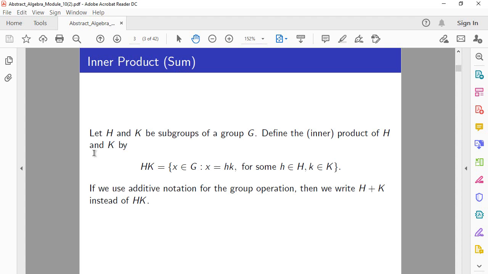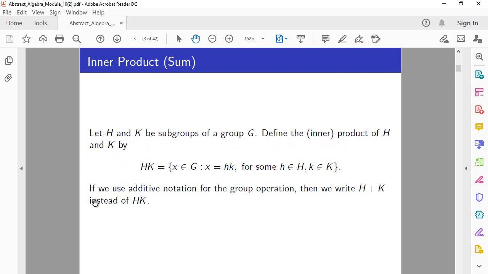So first let me look back at inner product, which we have seen before, but let me redefine that here. Let H and K be subgroups of a group G, and define the inner product of H and K by the following set.